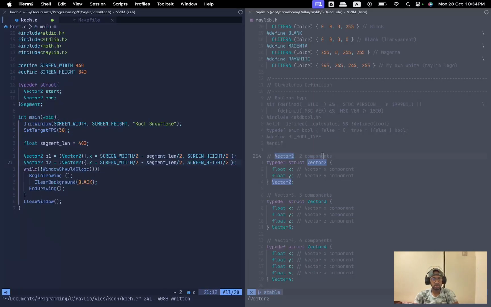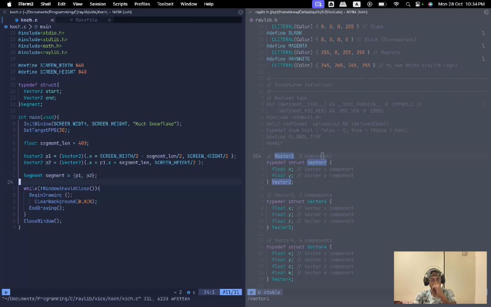So point 2, basically I can make p1 dot x plus the segment length. So when I create a segment, it can be, for example, represented by p1 and by p2.